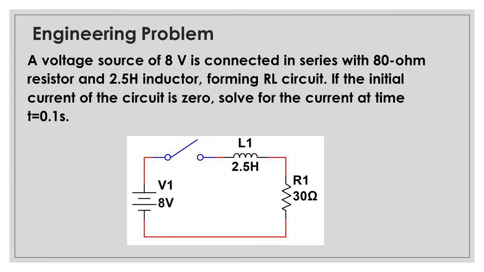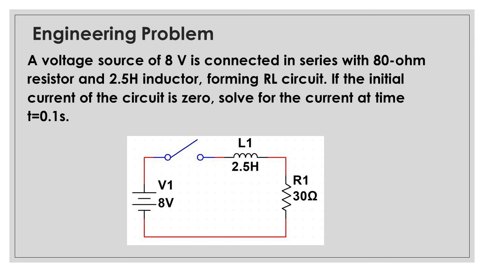For the engineering problem, we have here a problem which is related to electrical engineering. A voltage source of 8 volts is connected in series with 80 ohm resistor and 2.5 Henry inductor, forming an RL circuit.